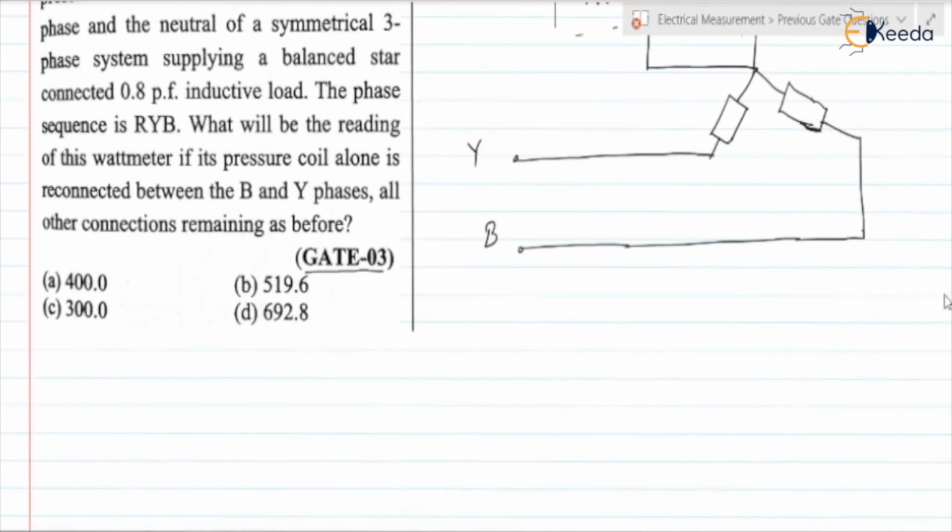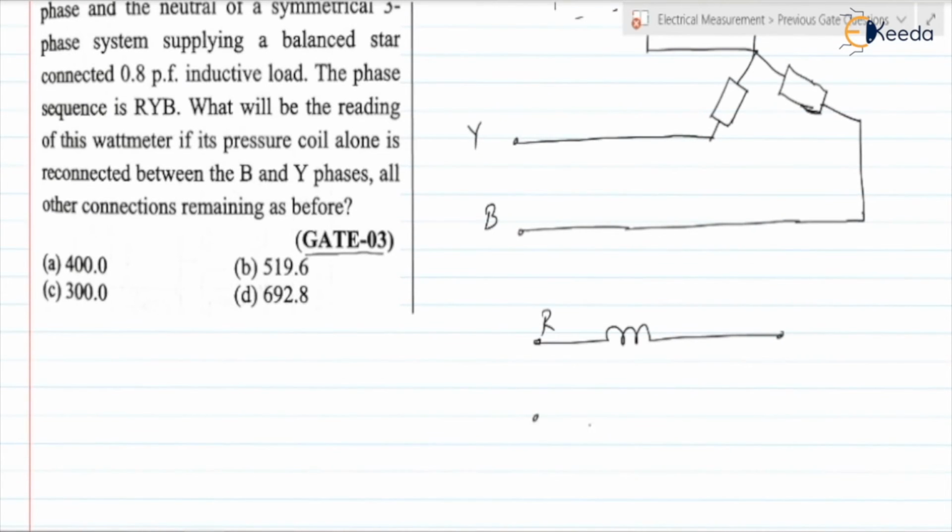So the circuitry for the second case will be like this: the current coil will be in the same phase, that is the phase R only, and the pressure coil is connected between phase Y and phase B. So suppose these are phases R, Y and B. Here the pressure coil or the potential coil will be connected between phase B and phase Y. And this is the wattmeter we are now having, right?